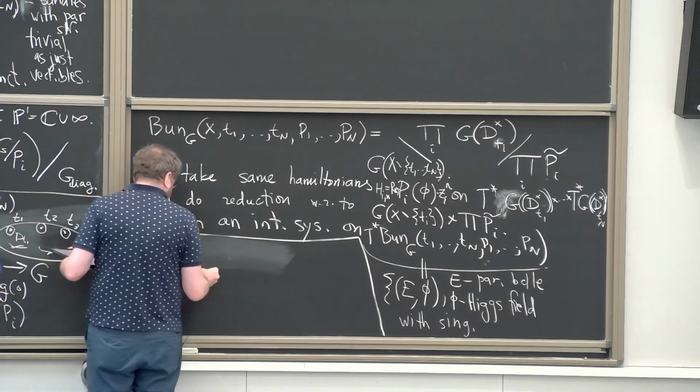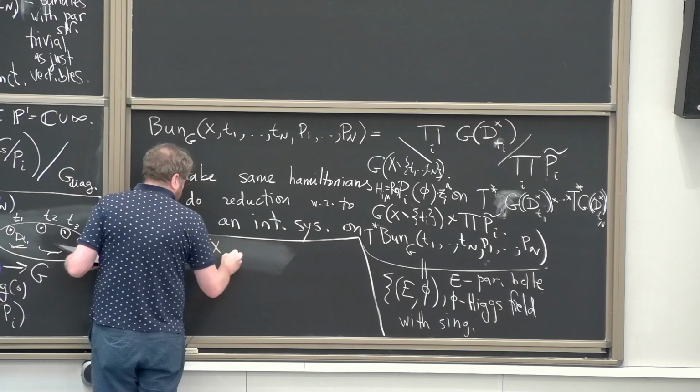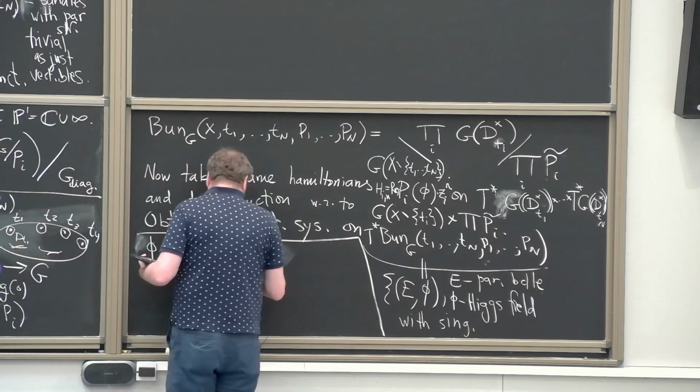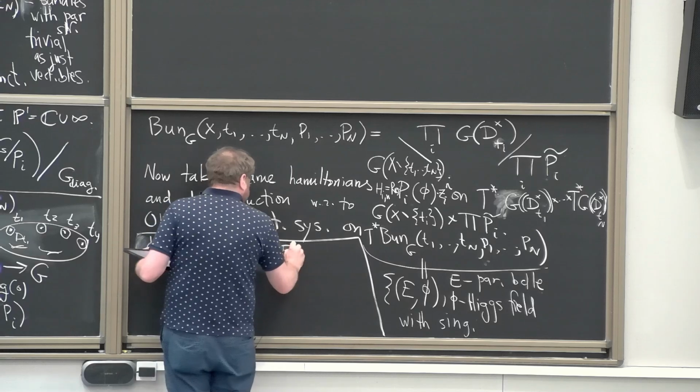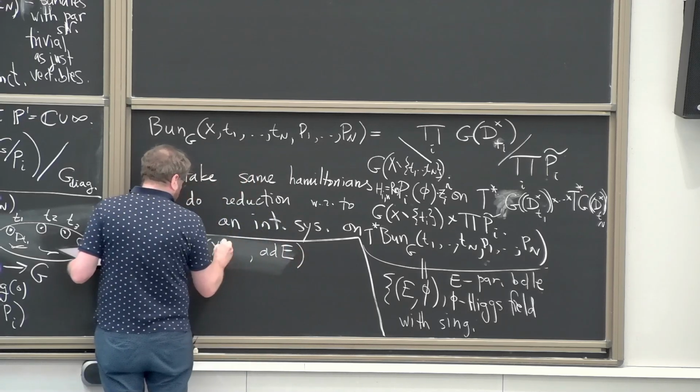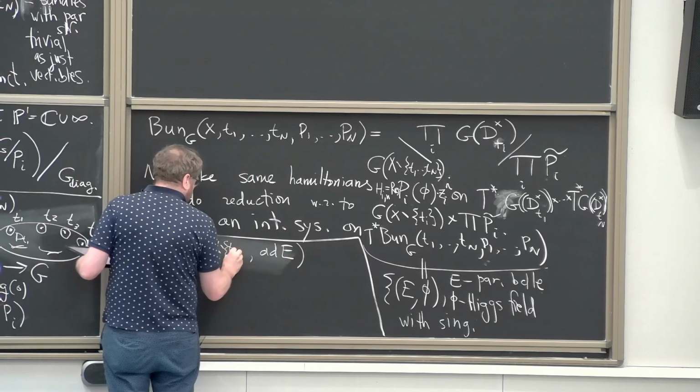One form on X with values in the adjoint bundle of E, but it can now be singular at the points Ti.